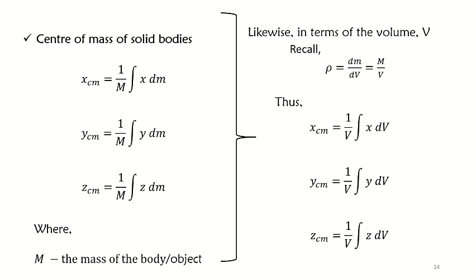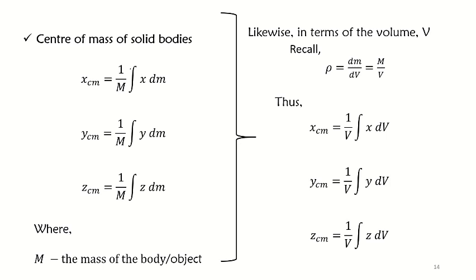There are several other ways of obtaining the center of mass of a rigid body. For example, we have solid bodies, maybe like a rod, like a disc, like a sphere. Then you can also use the integral notation to find any center of mass.